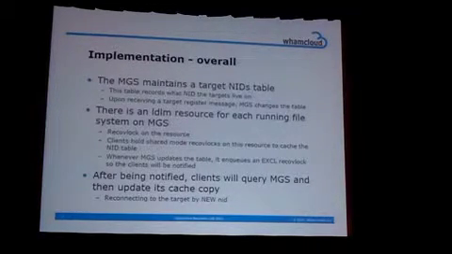And then the client will fetch the NID table from the MGS and update its local cache. After the clients get the NID table, they will have the new NID of the restarting target, so that they can do reconnection.